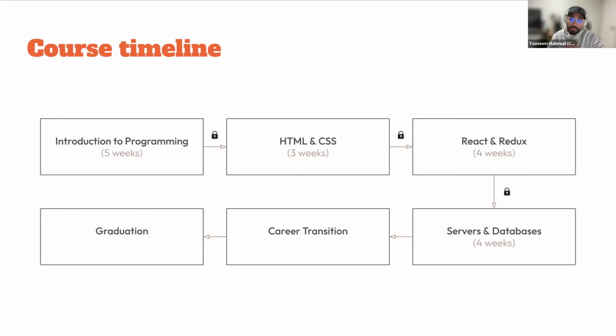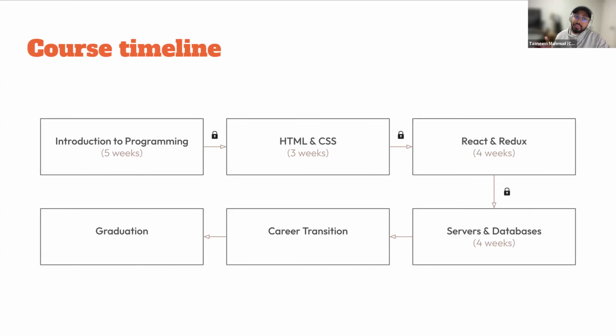And then in order to complete the whole course, we have servers and databases, which will teach you how to create a backend and connect it to your front end, turning it into a full website for any organization or any kind of purpose.